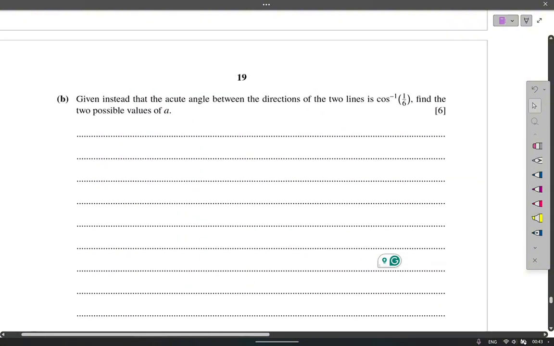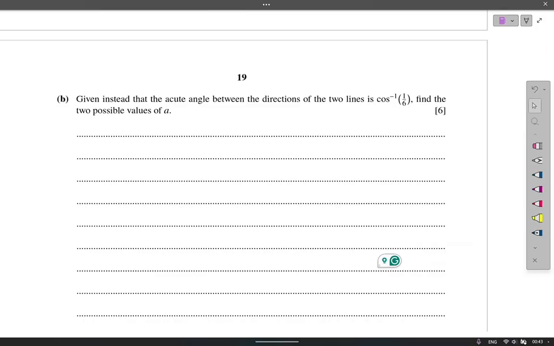The last part: given instead the acute angle between the directions of the two lines is cosine inverse of 1/6. Find the two possible values of a. So in this case, we have to use the formula with a and b for the dot product and cosine theta.